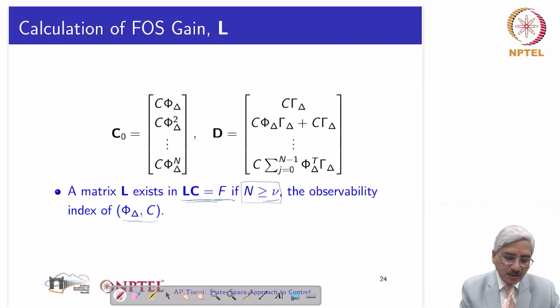This is the system sampled at the rate δ, 1 by δ. And what is the observability index?